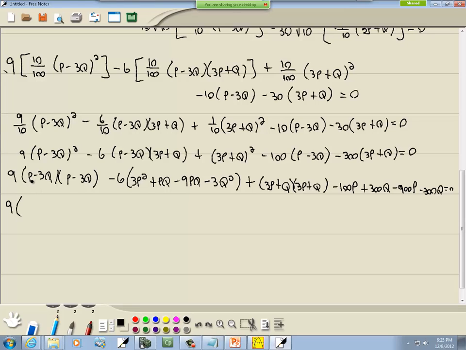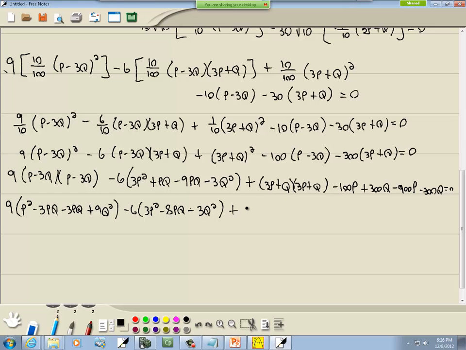Make it easier. P times p is p squared. P times negative 3q is negative 3pq. Negative 3q times p is negative 3pq. Negative 3q times negative 3q is plus 9q squared. Minus 6, combine like terms. pq minus 9pq is negative 8pq. Minus 3q squared.